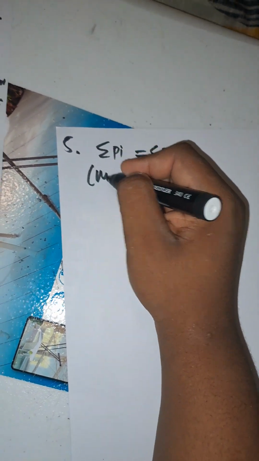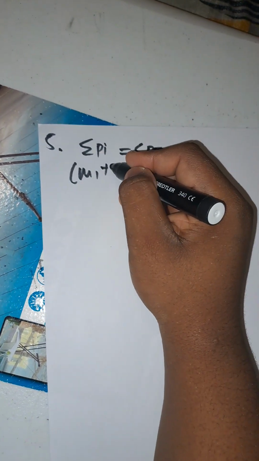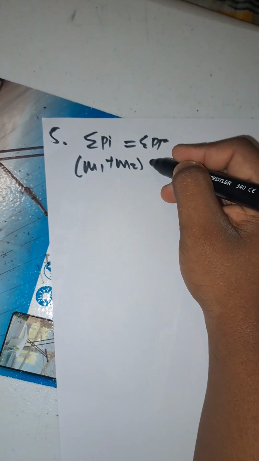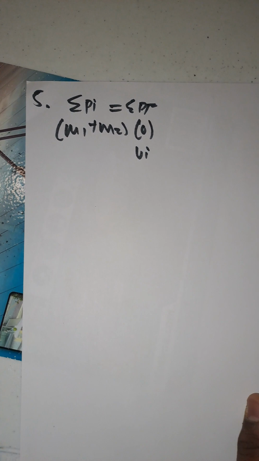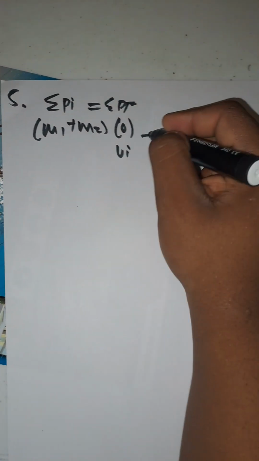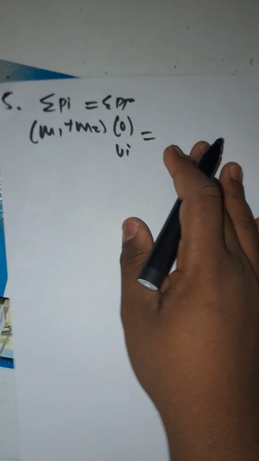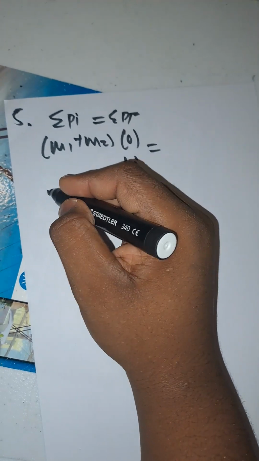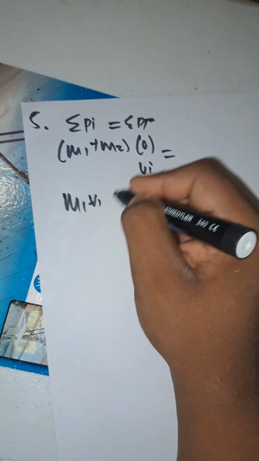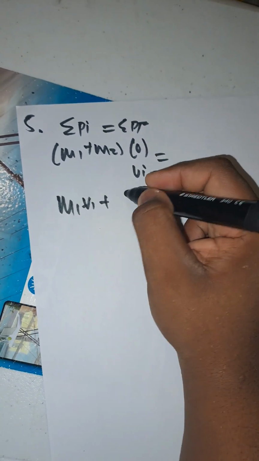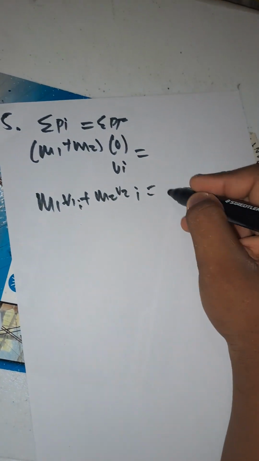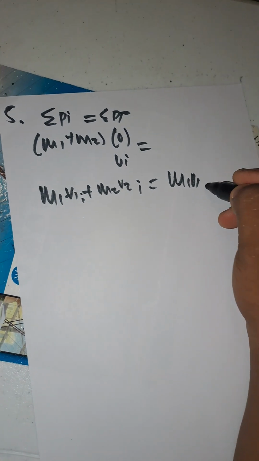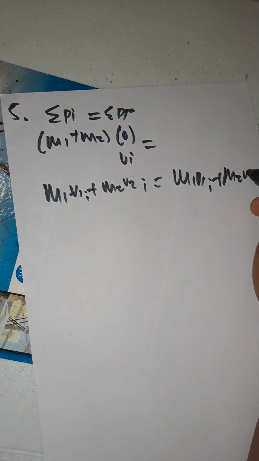So you're gonna say M1 plus M2 times 0, this is for the initial velocity. Okay, and then it is M1V1I plus M2V2I is equals to M1V1F plus M2V2F.